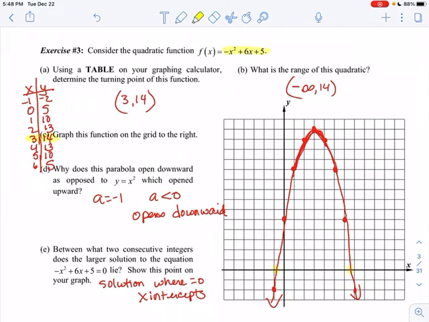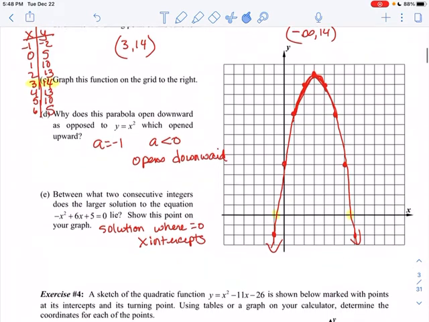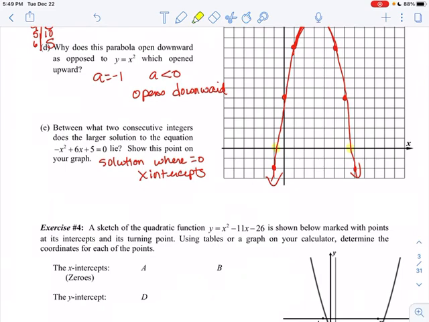Now my solutions are a decimal. That's why it says between what two consecutive integers does the larger solution lie. So I'm looking for my larger solution. So my larger solution is over here. So it's between 6 and 7. Okay, again, this is just a review of some stuff that you should remember back from algebra.